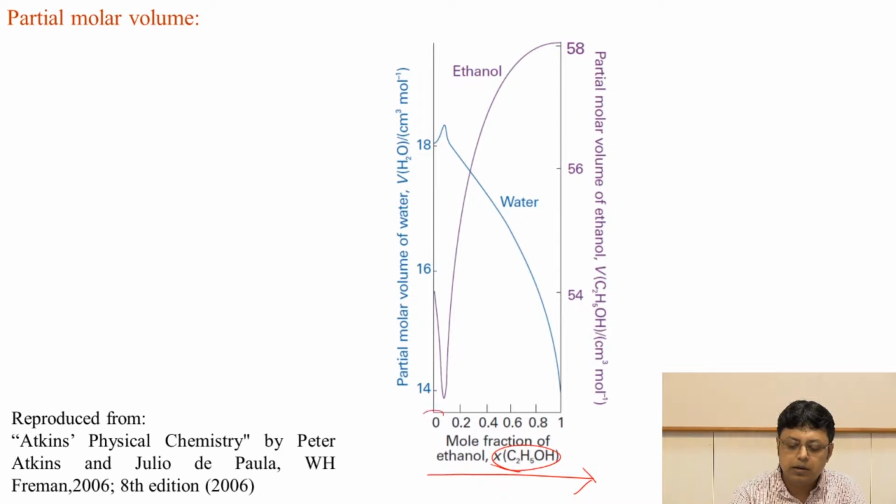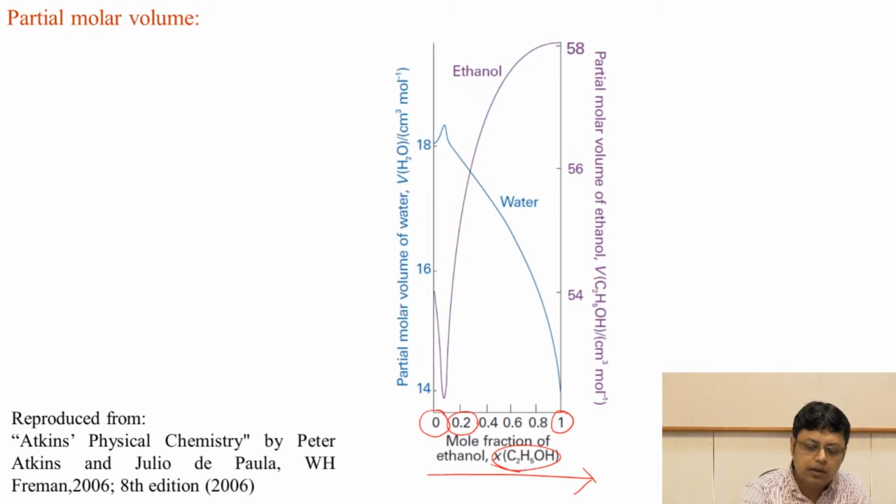We start from 0 ethanol, which means initially it was pure water. Then we slowly add more and more ethanol: 0.2 means 0.2 mole fraction of ethanol and 0.8 mole fraction of water. Ultimately we go to pure ethanol, where the mole fraction of ethanol is 1 and that of water is 0.